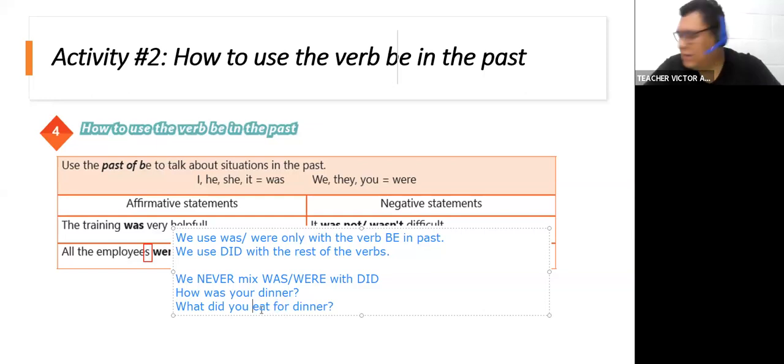So was is not necessary here, right? It doesn't make sense actually if we use it. It's too redundant the idea in past that it doesn't make any sense. Great job. So remember, for all of the rest of the verbs, we use did. If we want to use just the verb be, we use was. Only that. It's not necessary to use did, not at all.